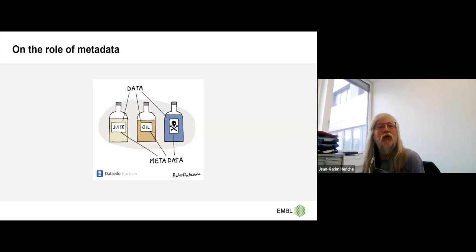But in principle, you want to rely on some label. And that's basically the metadata we have for our images. And in this case, in the kitchen, the metadata is directly kept with the data in the form of a sticker on the bottle.